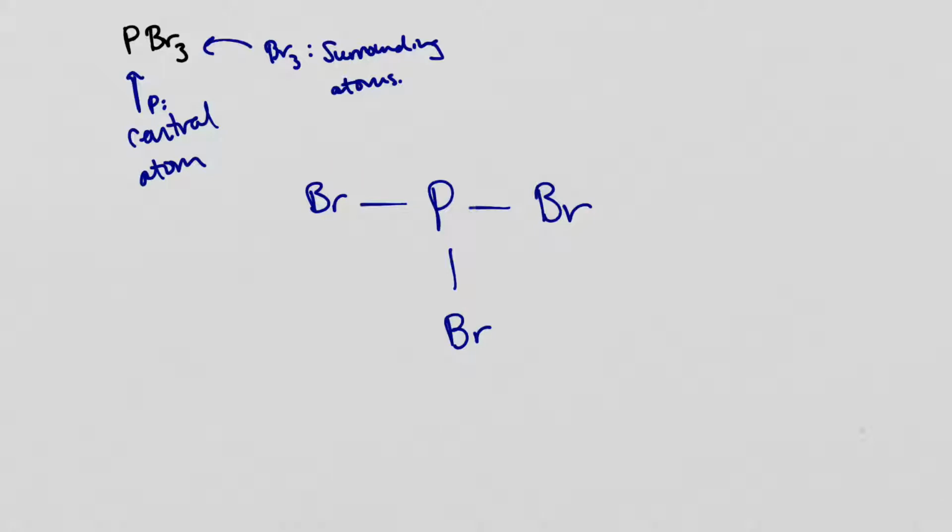So phosphorus needs 5. It has 1, 2, 3, so it gets 1 lone pair. Bromine has 1, it needs 7, so we're going to go 1, 2, 3, 4, 5, 6, 7. And that's what we're going to do for the other bromines as well. And that's actually our finished product right here.